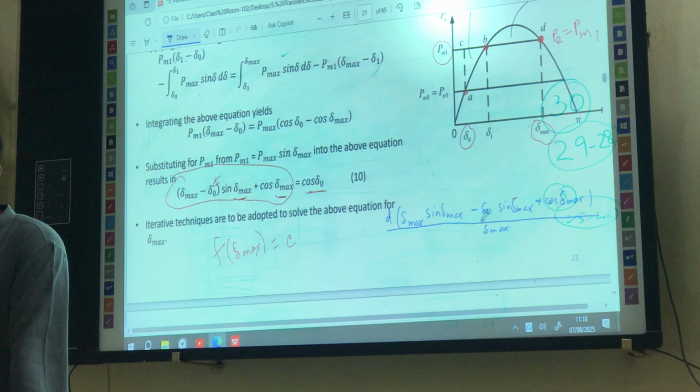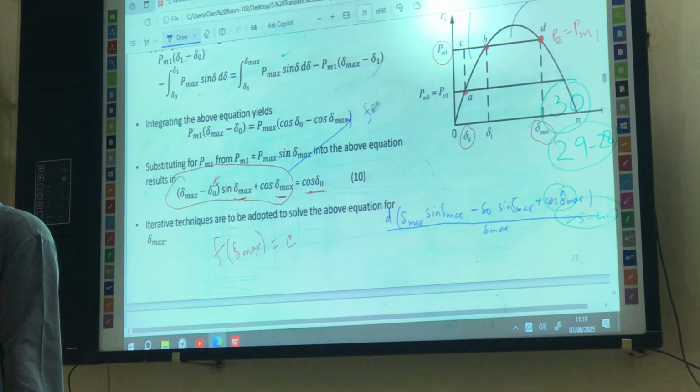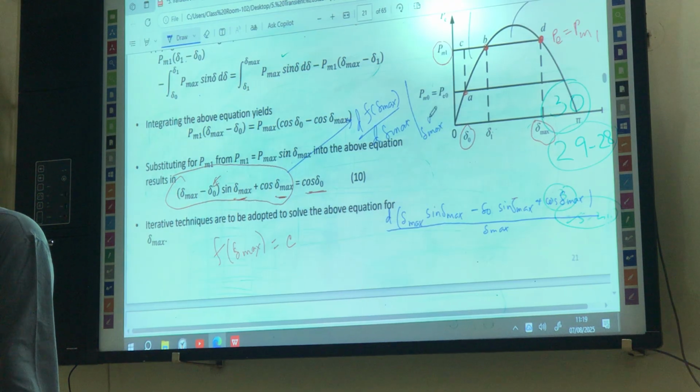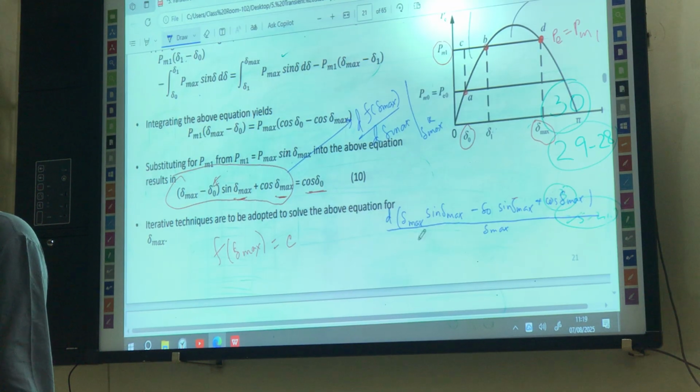So this is the left side term and this is actually your f of delta max. That you should differentiate with respect to delta max, and you need to evaluate it at delta max k. Whatever value you put in at that iteration, you have to evaluate that thing at that point. So first differentiate it.